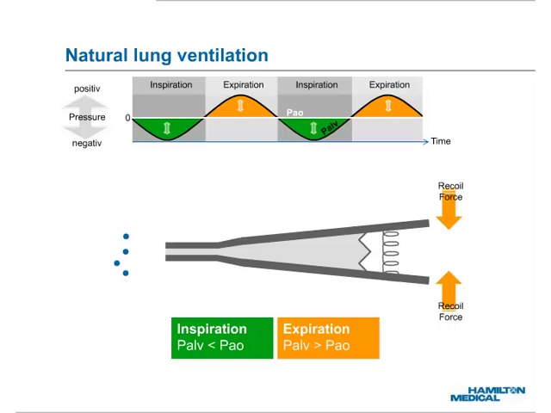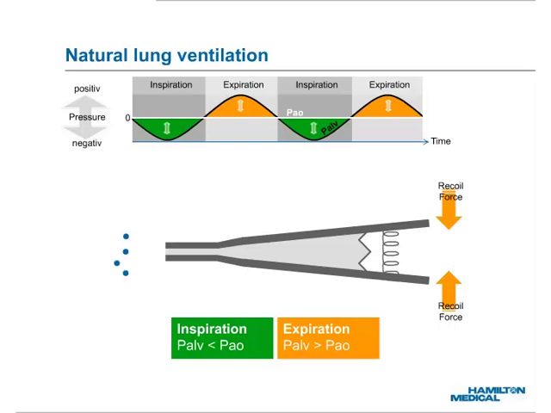Following the gradient, the air is sucked into the lungs. With the inspiratory flow over time, the lungs are inflated and the alveolar pressure increases gradually. Finally, inspiratory flow stops when alveolar pressure, PALV, and airway opening pressure, PAO, become equal.